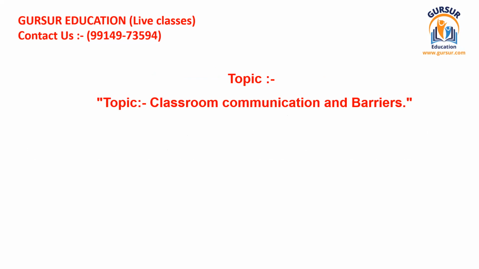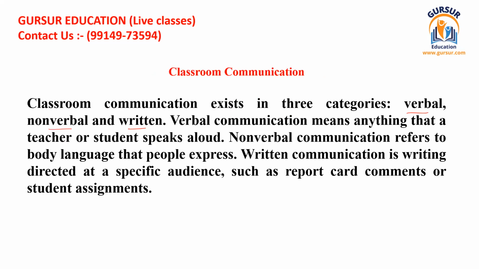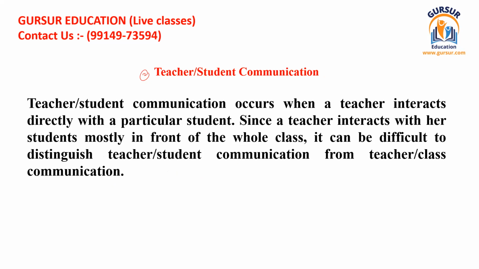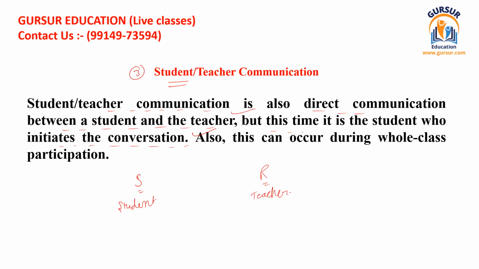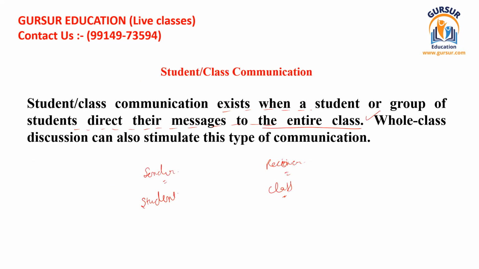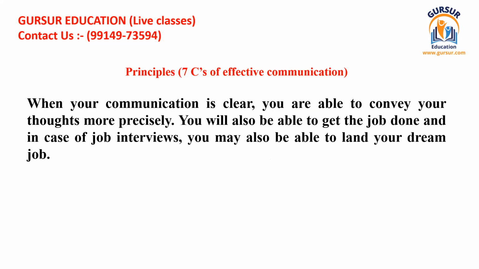So first we studied classroom communication. I taught you how classroom communication can happen. The first way was teacher-class communication, second teacher-student communication, the third was student-teacher communication, then student-student communication, then there was student-class communication.